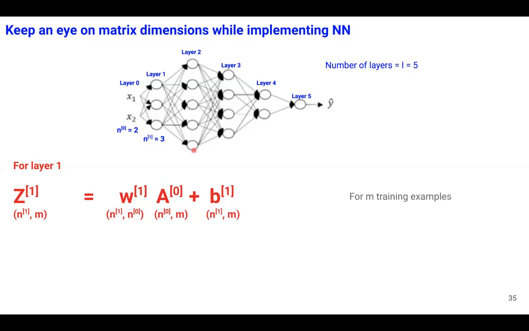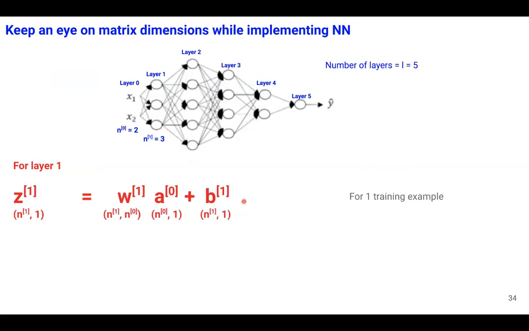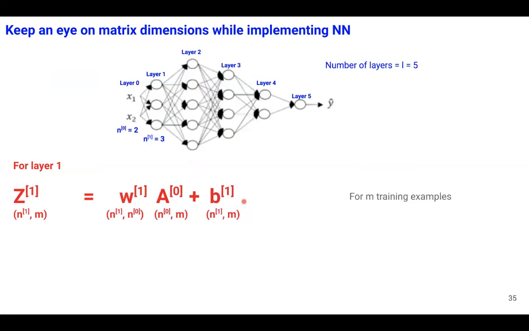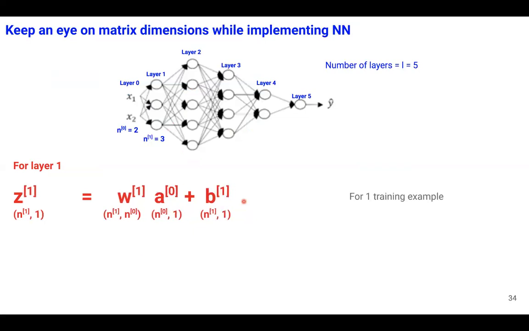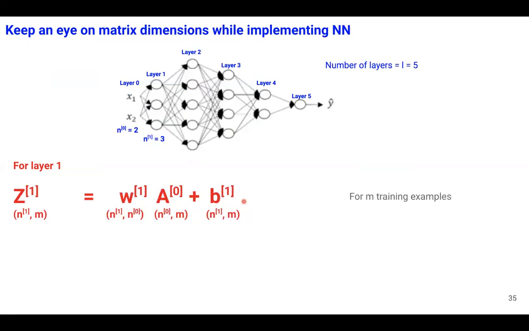Then for m training examples, if I go back and forth between these two slides for 1 and for m training examples, what you see is that Z1 goes from an n1 by one matrix to an n1 by m matrix, and similarly the other ones.